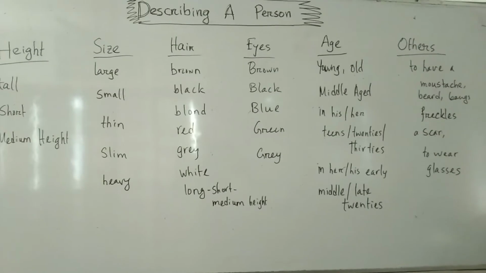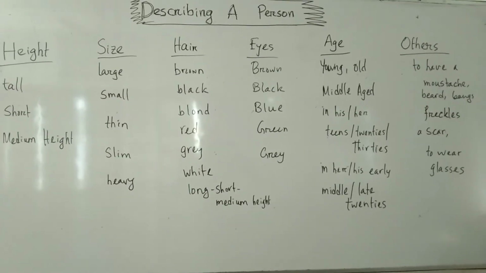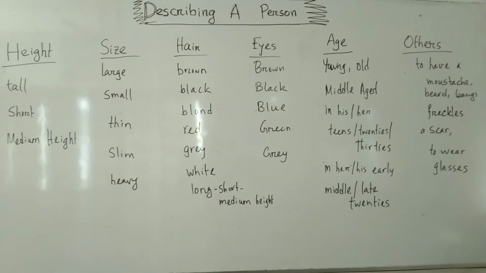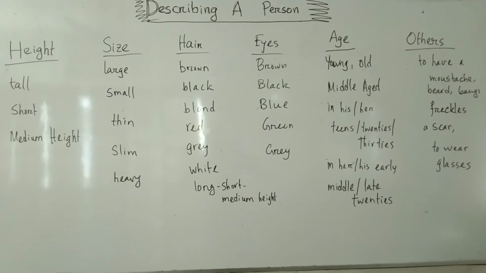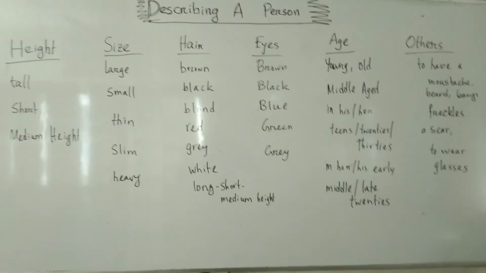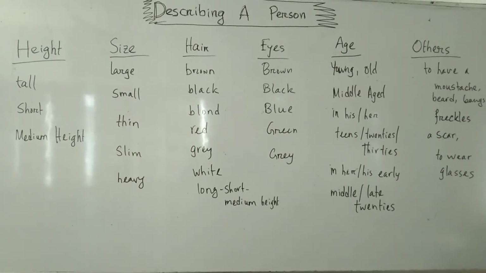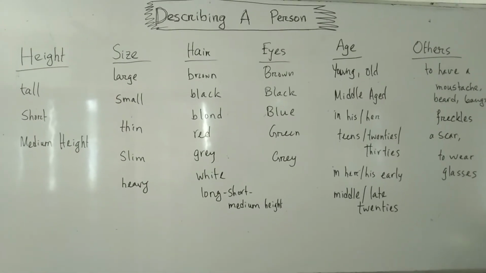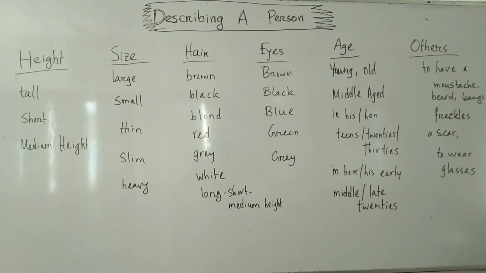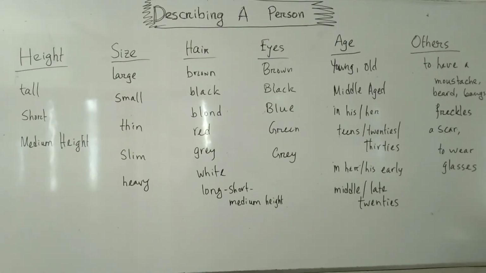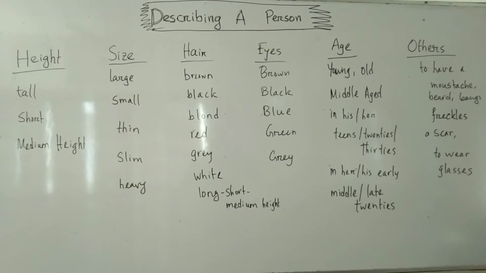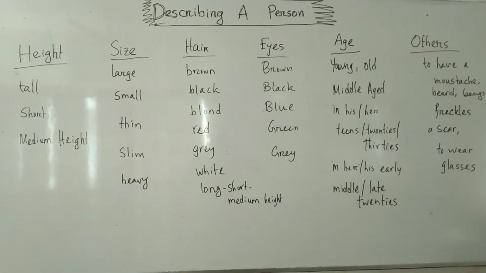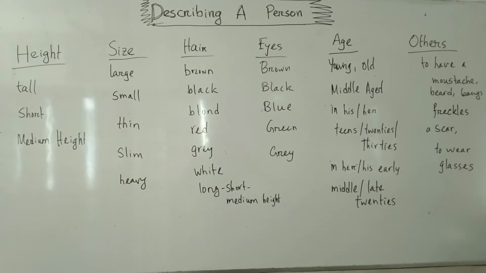Then wearing glasses, that is also a feature, whether the person is wearing glasses or not. So in this way, you could describe a person quite easily, thinking about the height, size, hair, eyes, age, and others. So when we describe a person, we should remember these 6 features in order to be very specific.